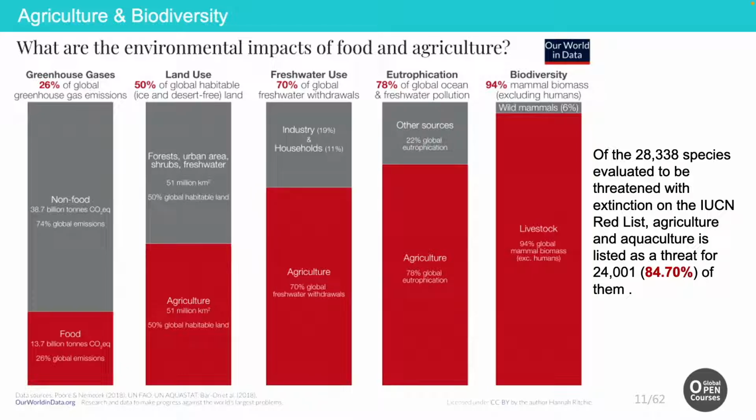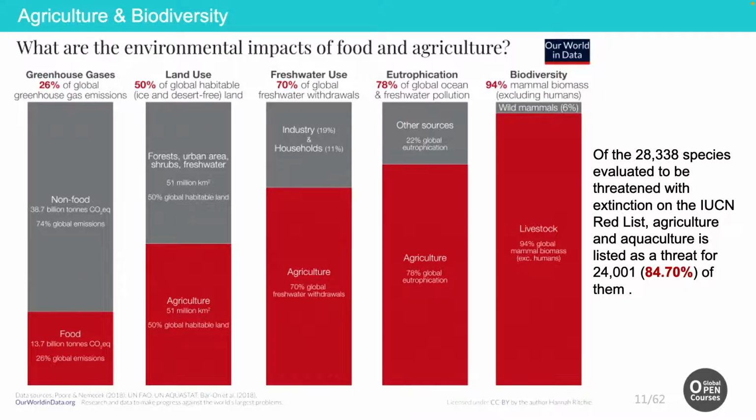70% of the world's fresh water is used for agriculture, and close to 80% of global ocean and freshwater nutrient-rich pollution is caused by agriculture. More than 90% of mammal biomass is livestock. Besides, of the 28,000 species evaluated to be threatened with extinction on the IUCN Red List, agriculture and aquaculture are listed as a threat for 24,000 of them, which is more than 84%.